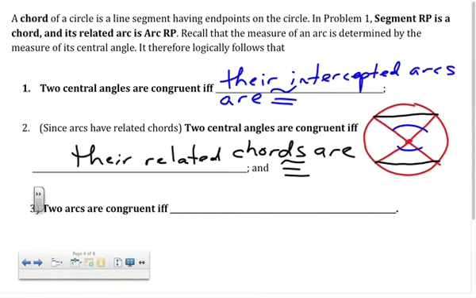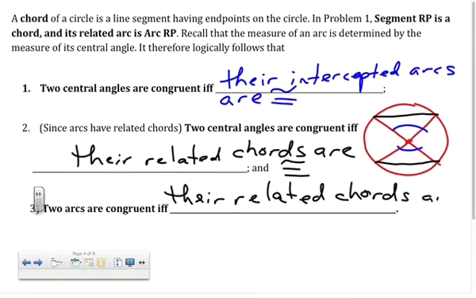And then finally, we see that everything is connected. The angles are connected to their arcs, the angles are connected to their chords, and the chords are related to their arcs. So two arcs are congruent if and only if their related chords are congruent.